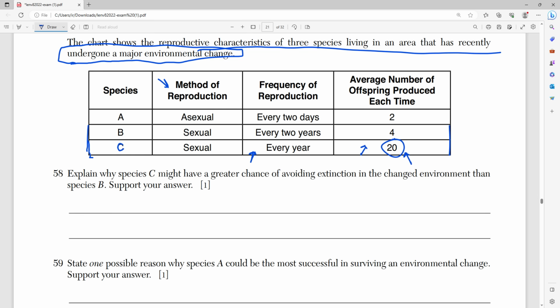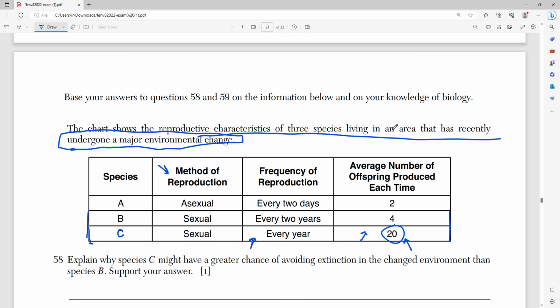Whereas because species B reproduces less frequently and has a smaller number of offspring produced, they have a smaller chance of introducing deeply needed genetic variation into their population. Remember, variation is needed, right? Because it says that the living area has just undergone a major environmental change. That means that the features of the species, animals living there, are also going to change, right?